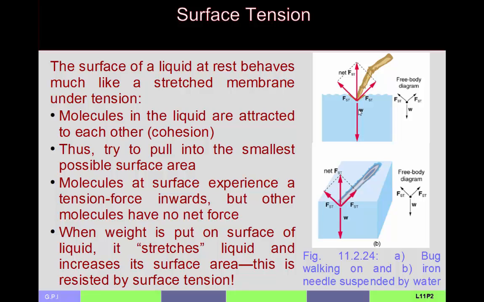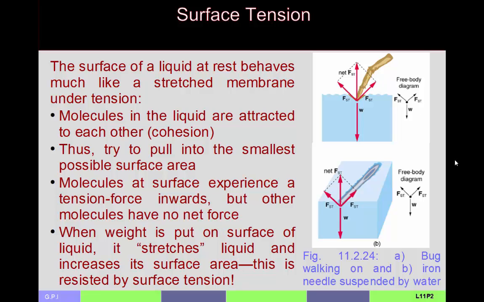Now, if you're below the surface, then there is no net tension force, because a molecule above and a molecule below will exert the same force from cohesion. One to the left, one to the right will exert the same force from cohesion, etc. So only at the surface is there an apparent inward tension on the molecule.